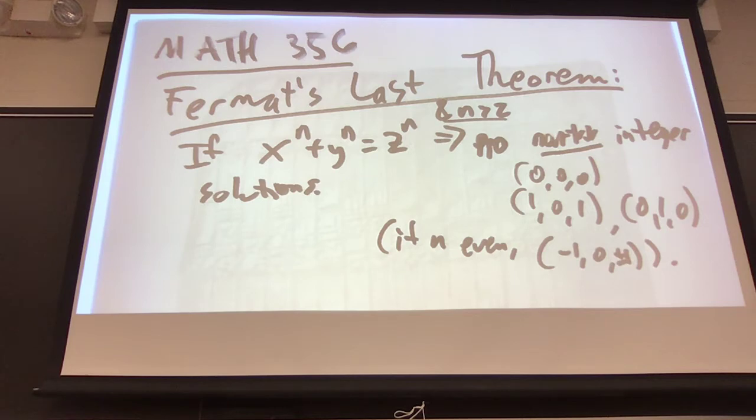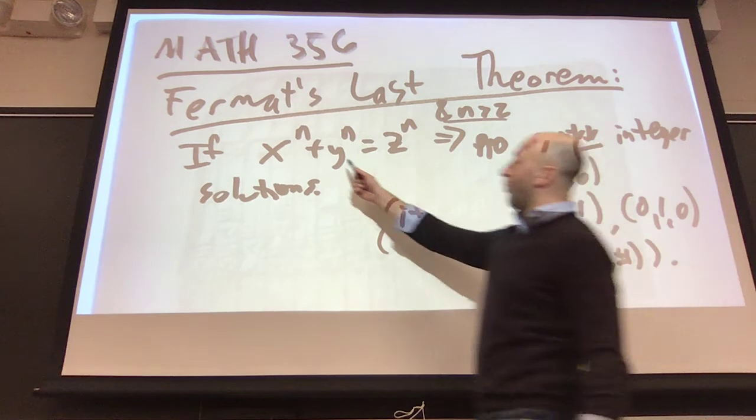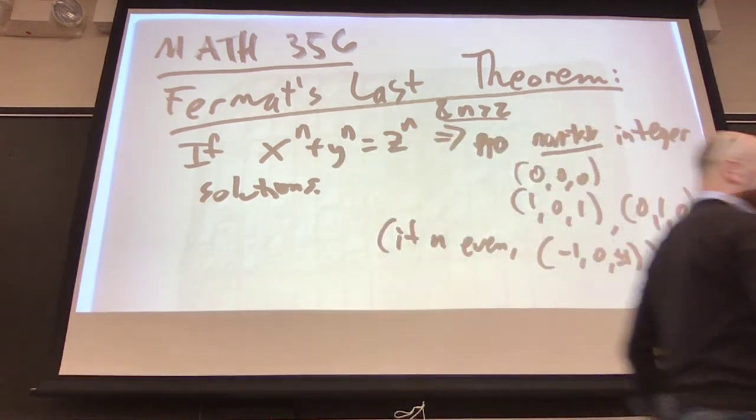Any others? Daniel? If n is odd, then negative 1, 1, 0 would be a solution. Negative 1, 1, 0. Love it.